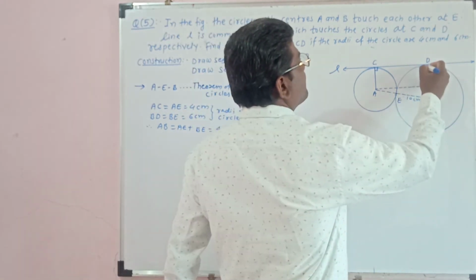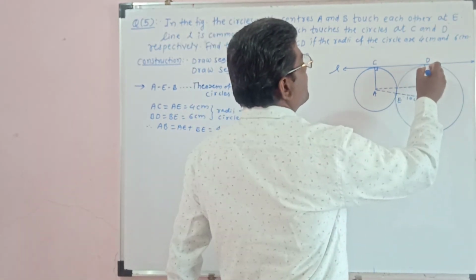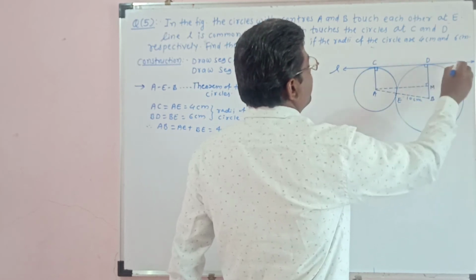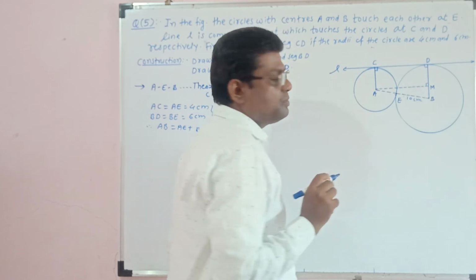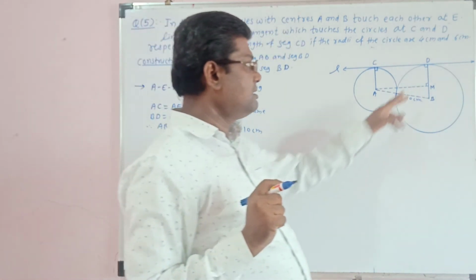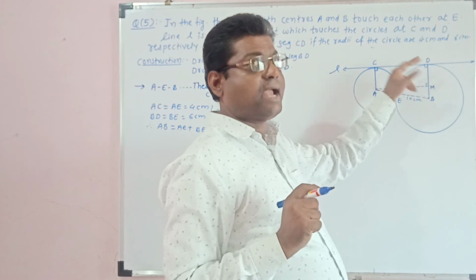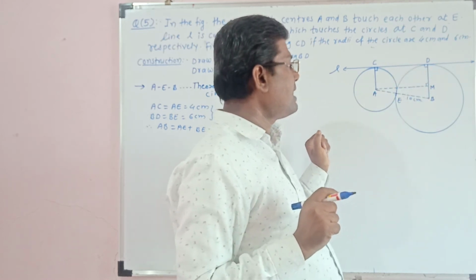This angle will also be 90 degrees because here BD is a radius and L is a tangent. So according to the tangent theorem, this angle is also 90 degrees.